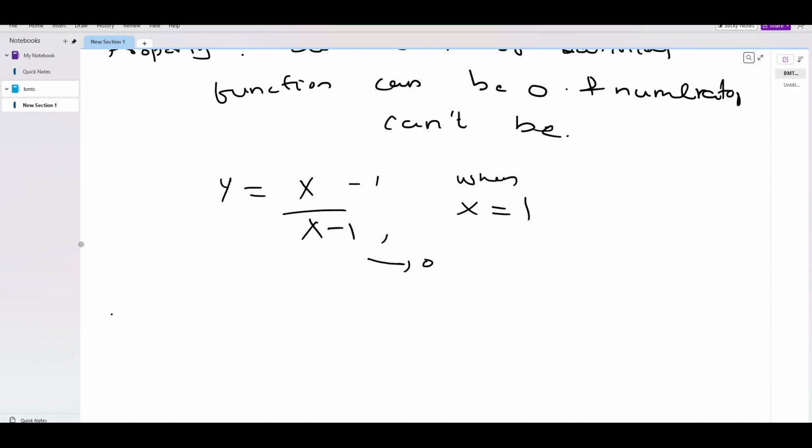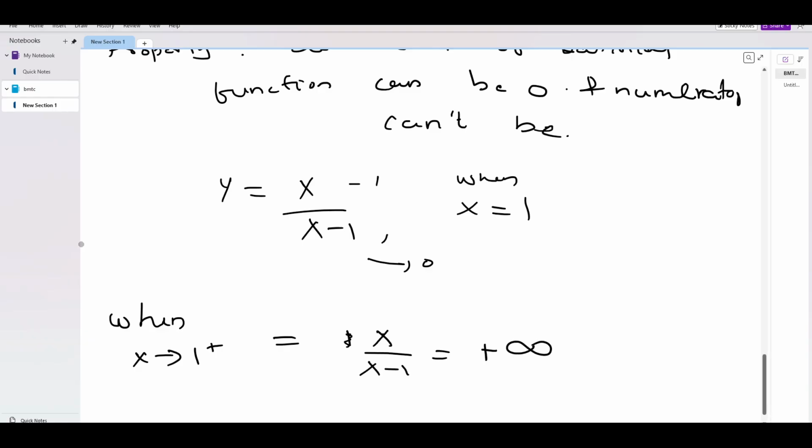When we look at x tends to 1 from the positive side, the function will be equal to positive infinity.